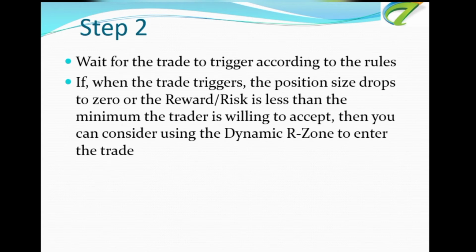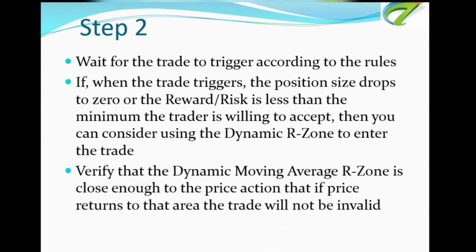If when the trade triggers the position size drops to 0 or the reward to risk ratio is less than the minimum the trader is willing to accept, then you can consider using the dynamic R zone to enter the trade, and then it makes sense to wait for that. Verify that the dynamic moving average R zone is close enough to the price action that if price returns to the area, the trade will not be invalid.